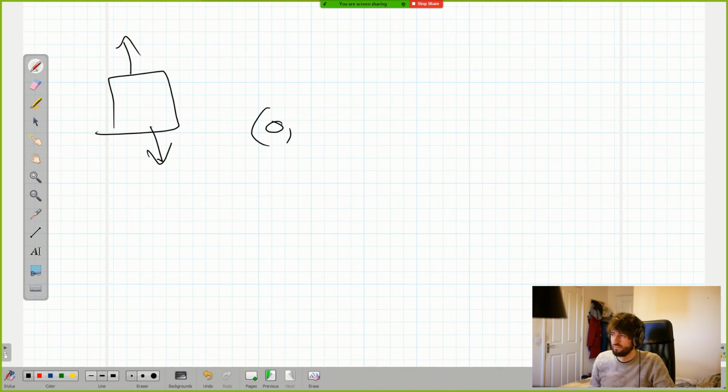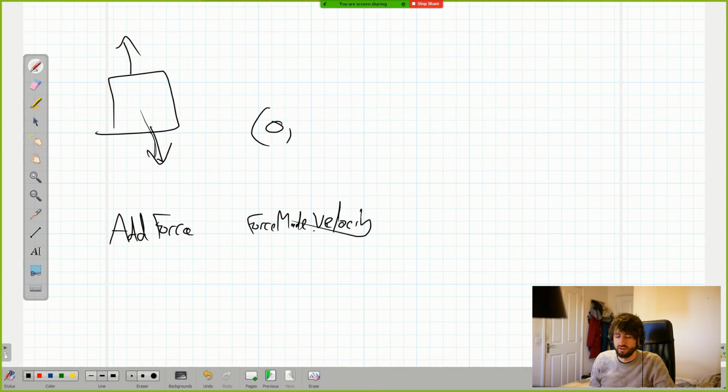Unity is going to resolve this itself. If you use AddForce with force mode velocity, it does it all in one step. It adds all the forces together and uses that.